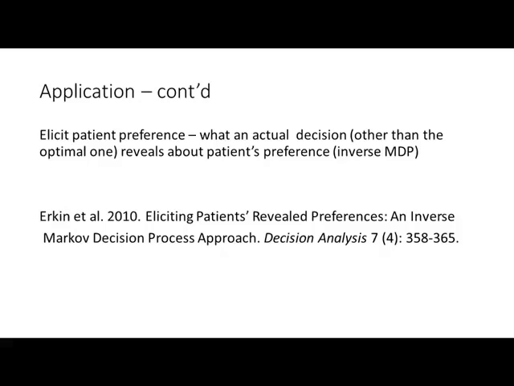After we have the optimal decision and we observe the actual decision made by the patient, we can go back and derive what the reward for a specific patient actually is, and that reveals the patient's preference. This application is very rare.